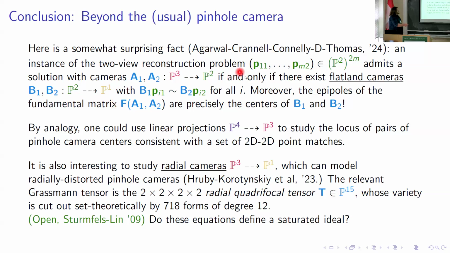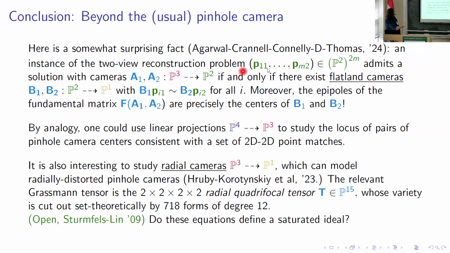This came up in a recent paper that is joint with a bunch of people, so Agarwal, Connolly, Duff, and Thomas, where we're trying to basically relate the 2-view reconstruction problem for pinhole cameras to a projectability problem for flatland cameras.